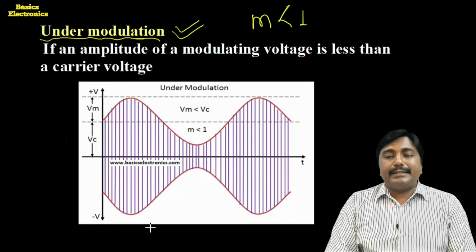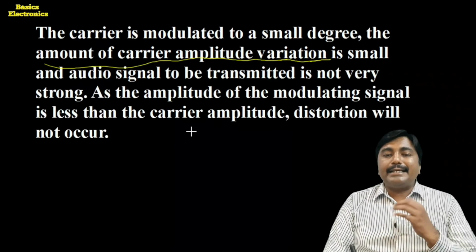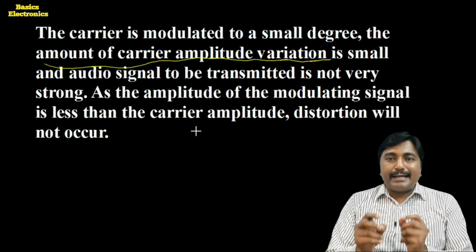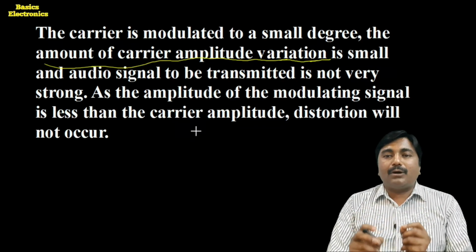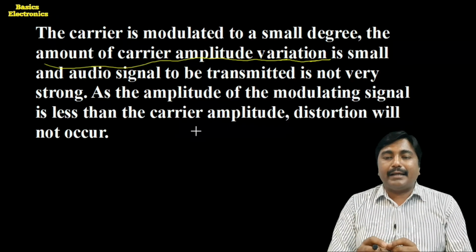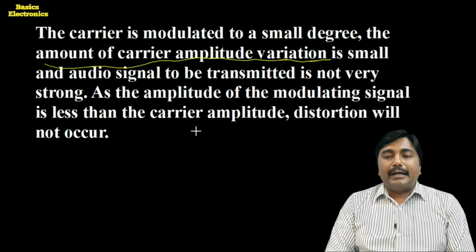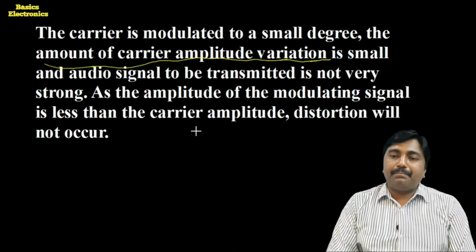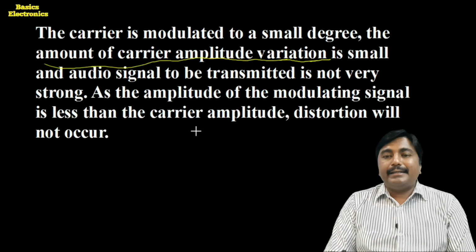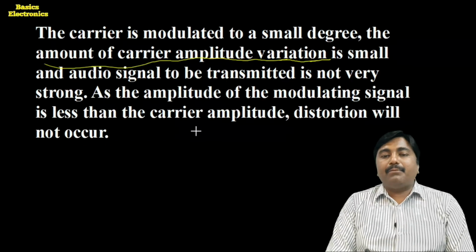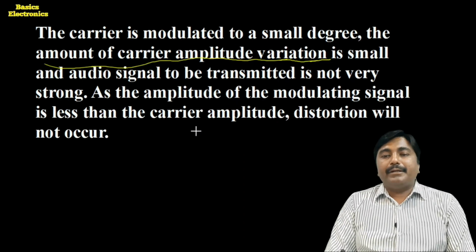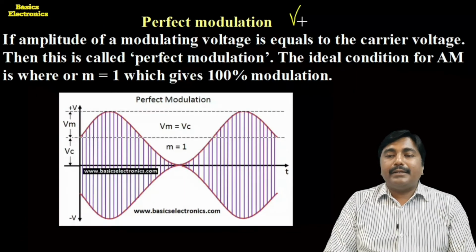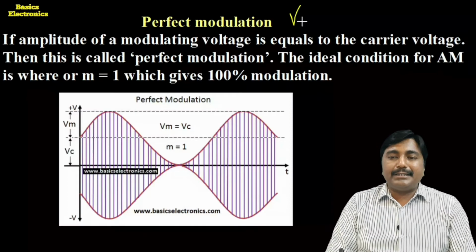It produces a signal with less strength. The strength is less, but there is no distorted output. That's why under modulation has quality, but it is not a pure quality signal.